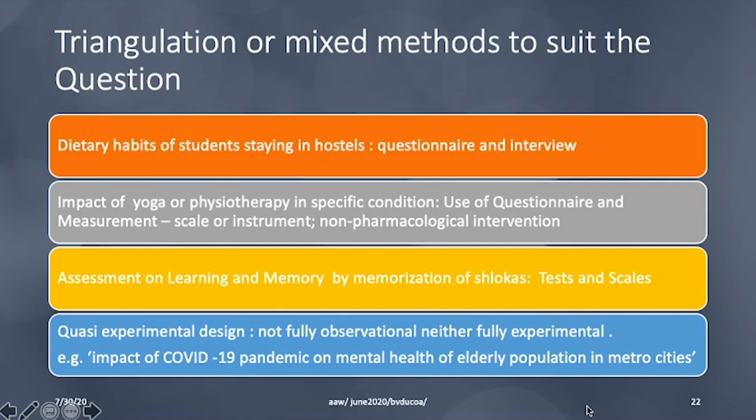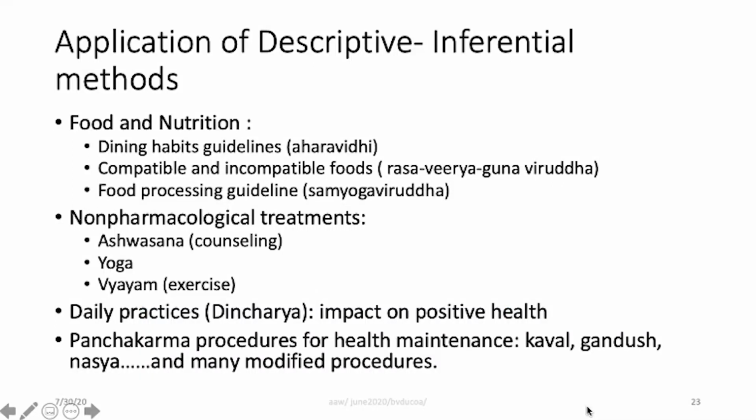And now the thing is happening and we are gathering data to understand one particular aspect of mental health during this pandemic. So there are various types of studies and methods available, and we can make good use of them to understand and analyze Ayurvedic concepts and Ayurvedic principles.